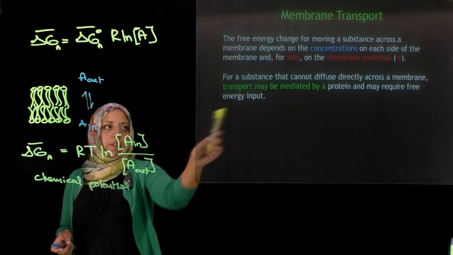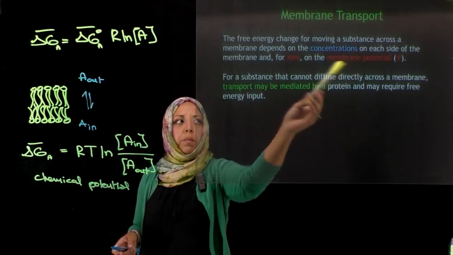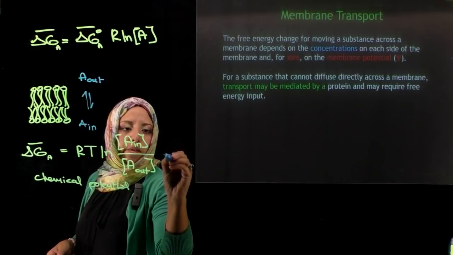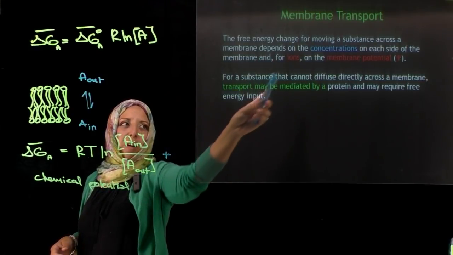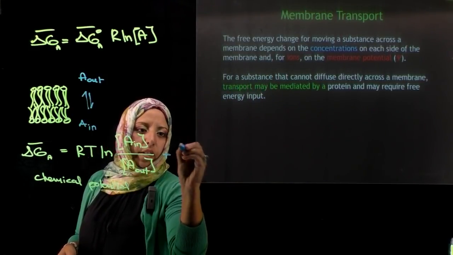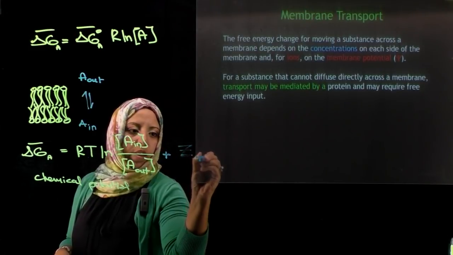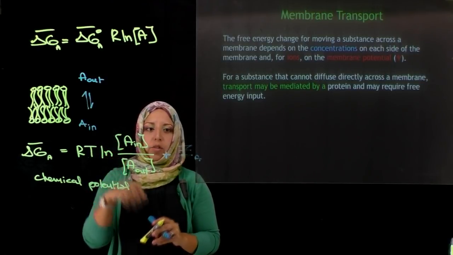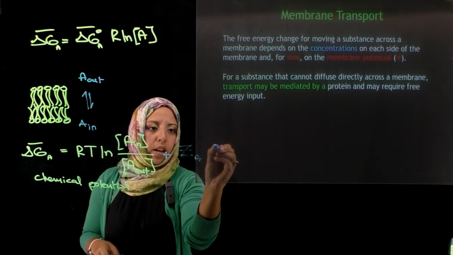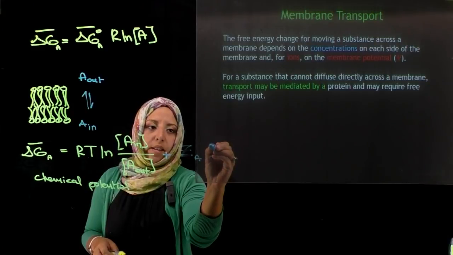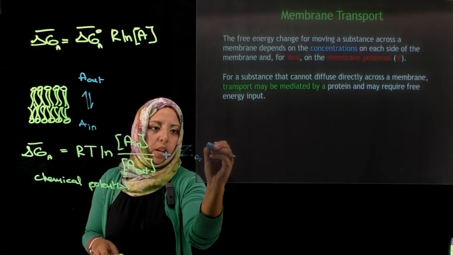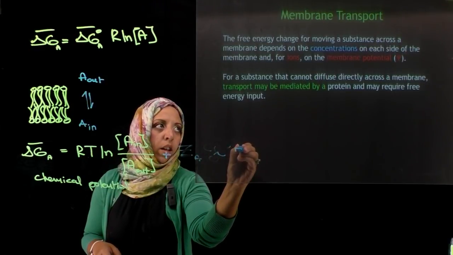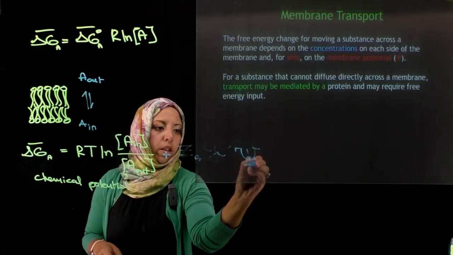All right, now if we're considering an ion, we also have to keep in mind the membrane potential and differences within the potential, and that depends on the charge of the ion, which is given the symbol Za. It also depends on the charge of a mole of electrons, which is given by Faraday's constant, and the membrane potential as well.